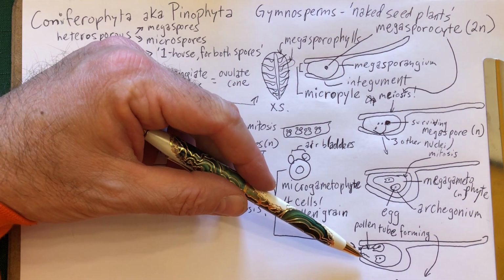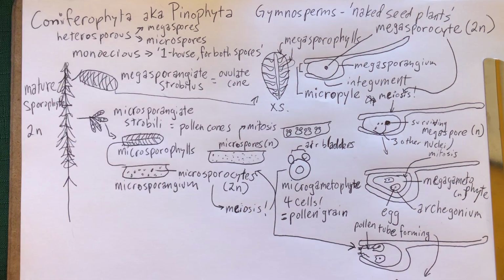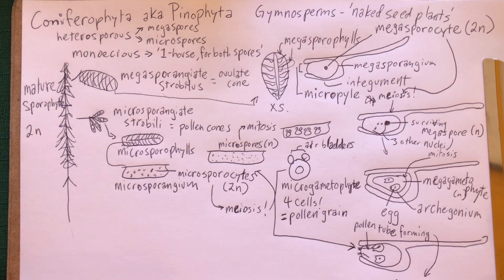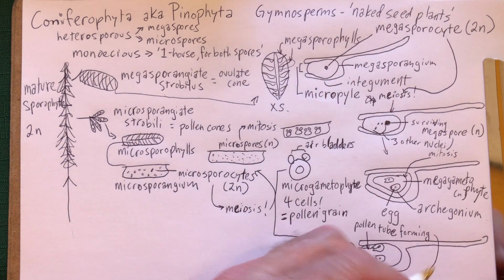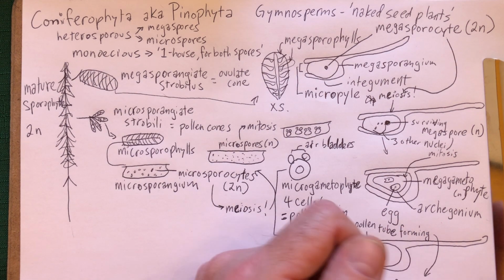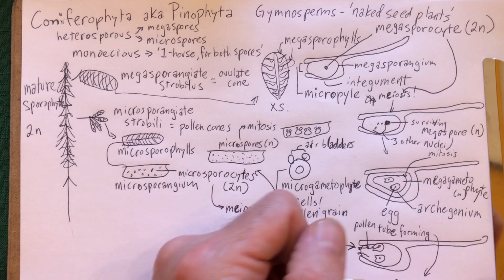So there's several archegonia in here, several pollen grains, but only one is going to become like the champion of the megagametophyte to form the seed.